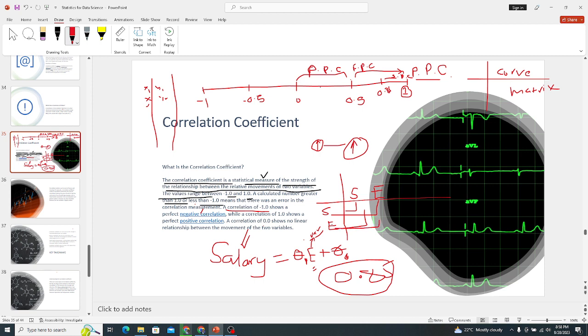We are trying to find the relationship of each to the other. We'll get a 1, meaning experience will 100% explain itself, and salary will 100% describe salary.